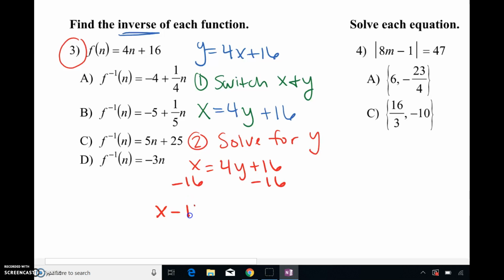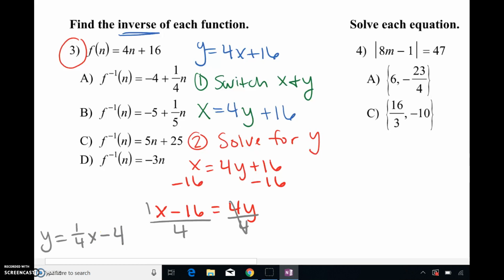So I have x minus 16 equals 4y. Divide by 4. And I'm going to get y equals, I have 1 over 4x, so 1/4 x. And negative 16 divided by 4 is a negative 4.